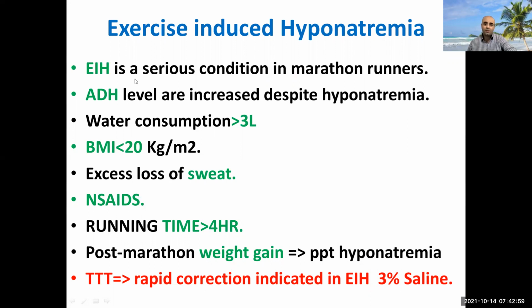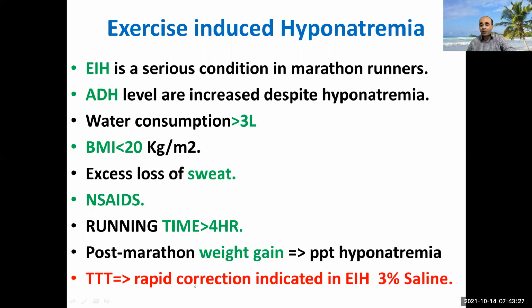Exercise-induced hyponatremia is a serious condition in marathon running. ADH will be high despite hyponatremia, from pain and stress. Water consumption is more than 3 liters, body mass index is mostly low, and excess loss of sweat leads to loss of more sodium. Most patients may be taking non-steroidals, causing more salt and water retention, running more than 4 hours, and post-marathon weight gain.